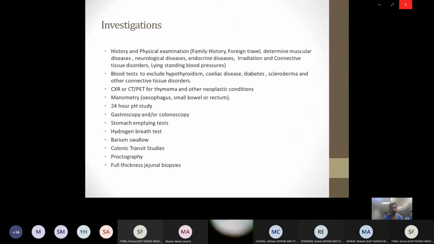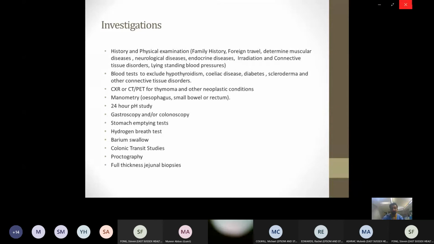So as per the BSG guidelines for the management of intestinal dysmotility, these are the investigations that should be considered in a patient with dysmotility. History and physical examination are very important in guiding us to the investigations, and we should focus on family history and foreign travel.